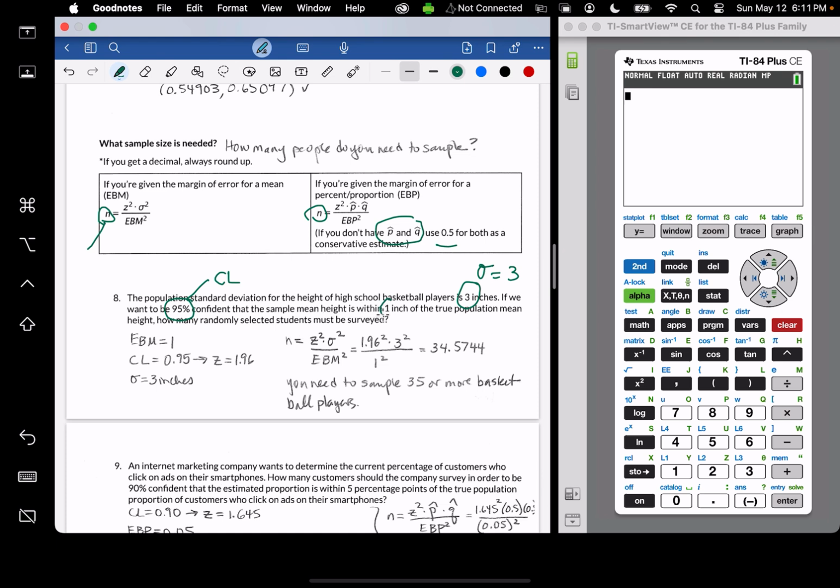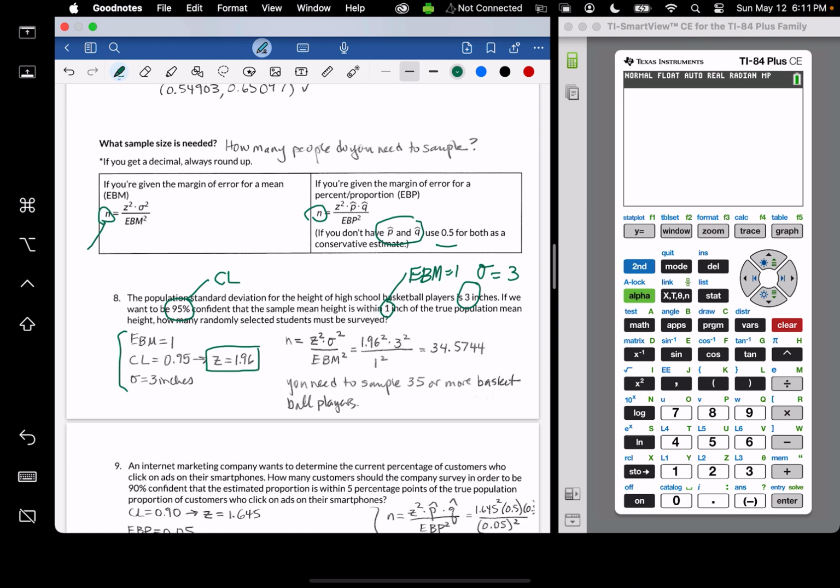So that means that our EBM is 1. So I've transcribed all that information here. I made a note that if the confidence level is 0.95, then Z is 1.96.